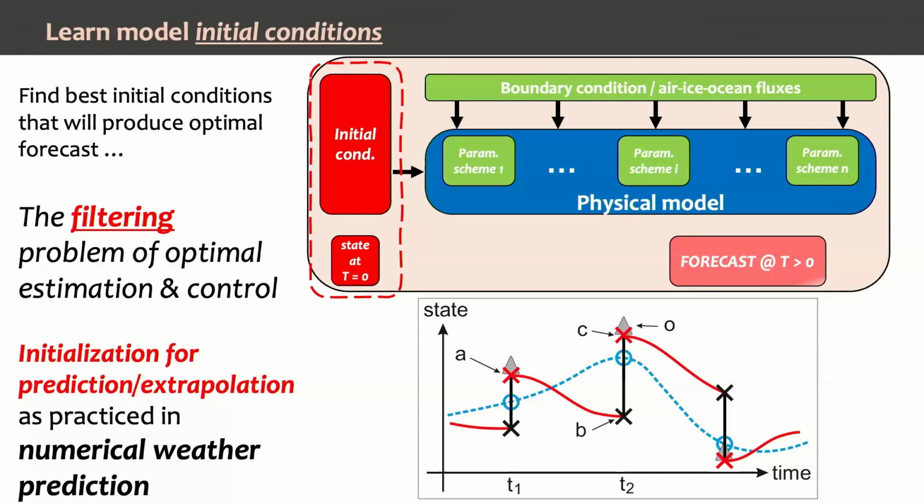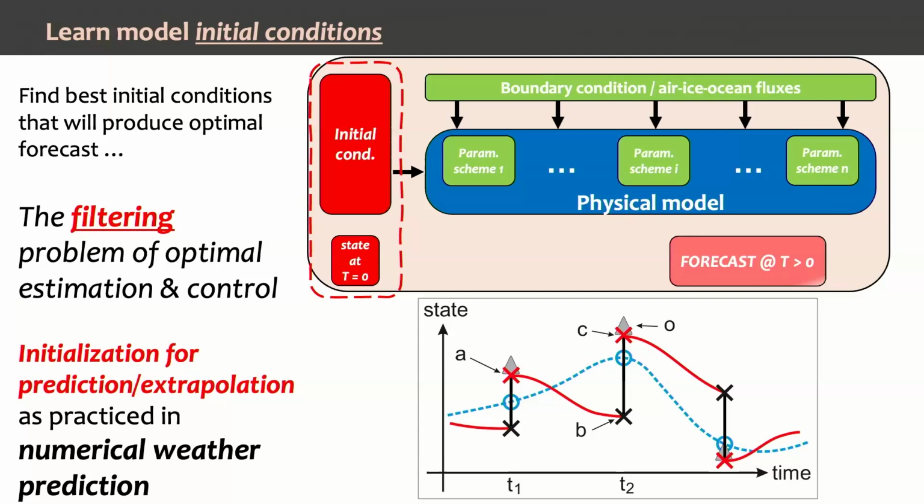New observations come in, and then basically using Kalman filter and all of its variants, ensemble Kalman filter methods, we come up with a new initial condition that we think is the best. It's a weighted fit between the background, so the forecast, and the new data that we have, in order to find a new trajectory that provides an optimal estimate of the forecast over a certain period of time.